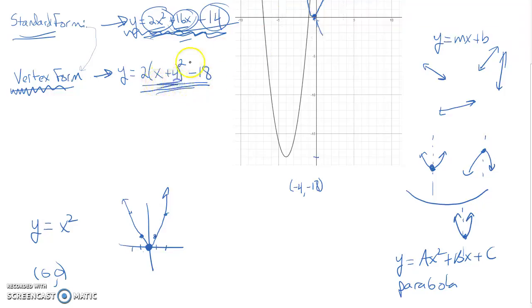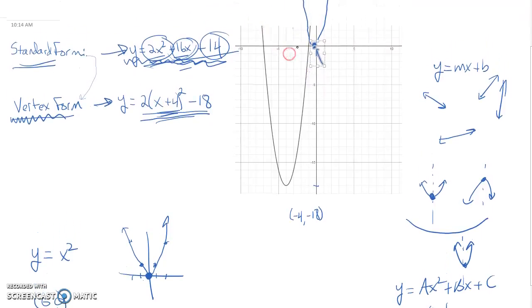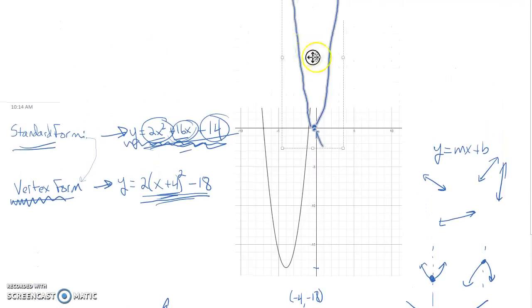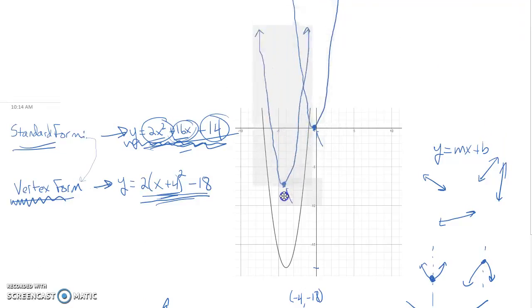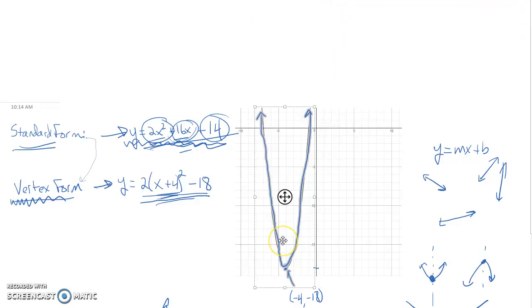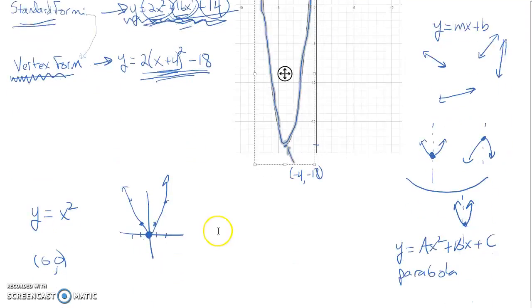It'd be a shift of 4 left and 18 down. So if I were to take that parabola that I just grabbed a moment ago and shift it 4 to the left and 18 down, I'd be right back where I was just moments ago. So that's why we call it vertex form, because you can use shifts to tell where the vertex is going to be.